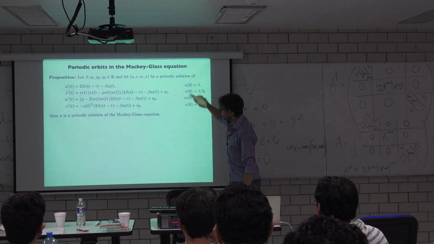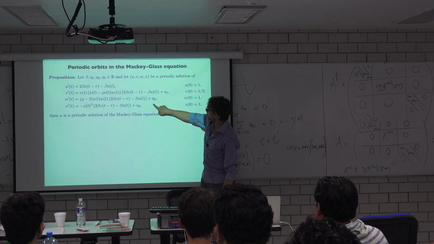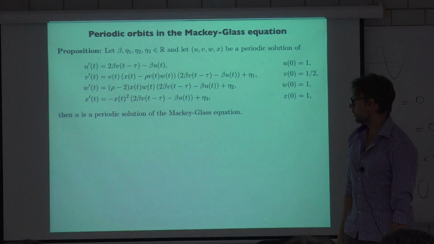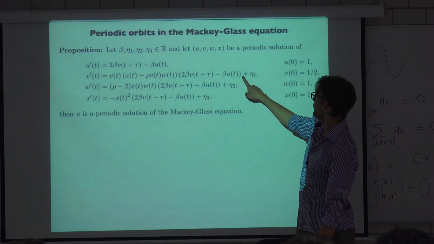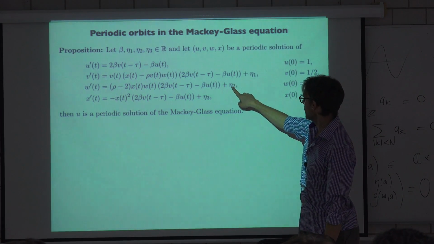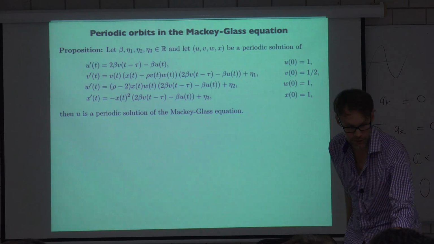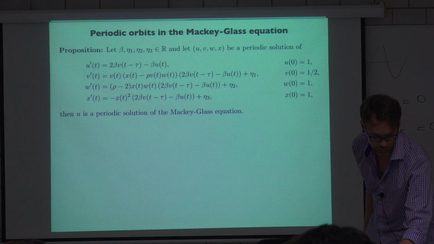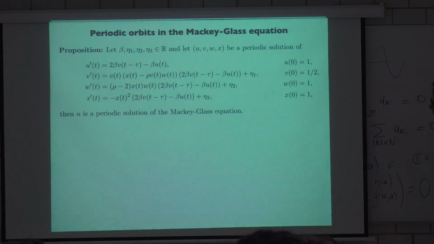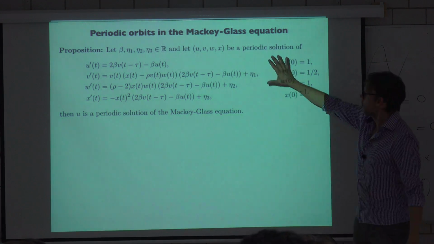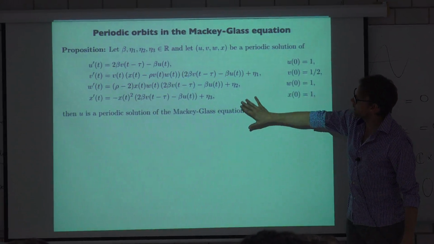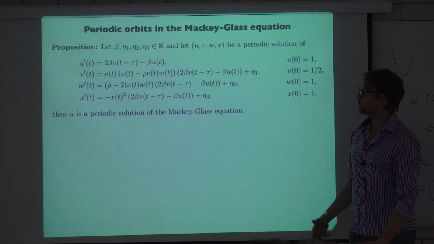I impose that these are satisfied. And what I didn't write is that eta 1, 2, and 3 are going to be equal to 0, but that's kind of by definition. So if I have a periodic solution of that, then u is going to be a solution of Mackey-Glass.